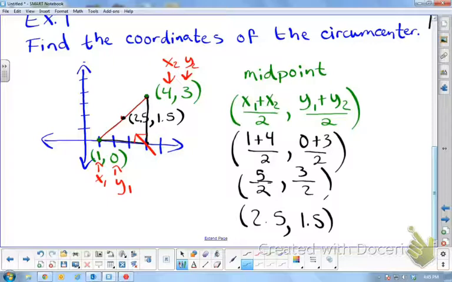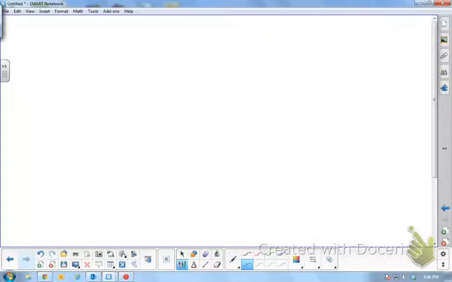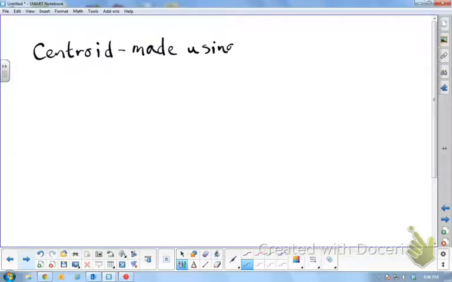Okay, so our last point of concurrency is when the medians meet. We also need to know what it's called when the medians meet. That's called the centroid. The centroid is made using the medians.